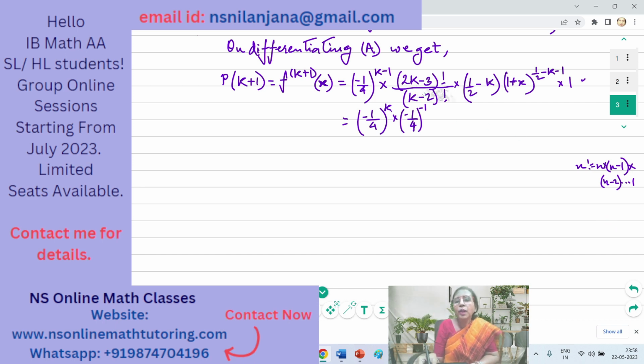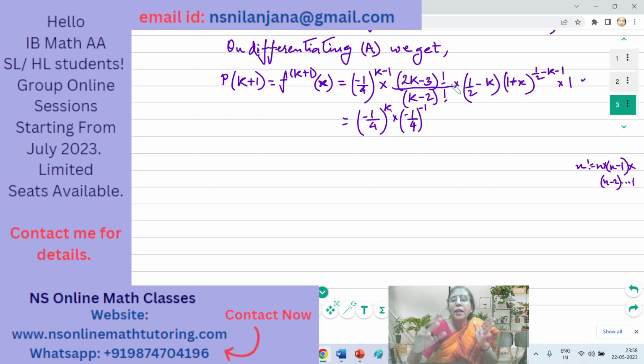So 2k minus 3 factorial starts with 2k minus 3, then 2k minus 3 minus 1, which is 2k minus 4. The next number will be 2k minus 4 minus 1, which is 2k minus 5, and we continue till we reach 1. And we need 2k minus 1 factorial, because in expression b we have 2k minus 1 factorial. But for 2k minus 1 factorial, we start with 2k minus 1.